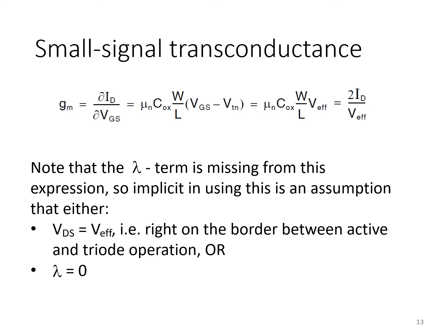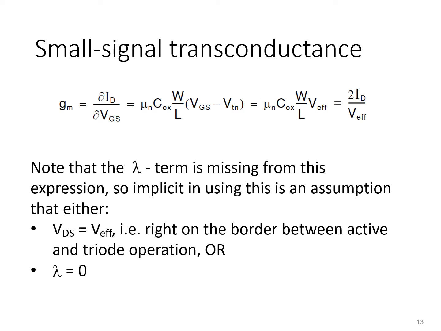So this expression here is based on the small signal model, and therefore should always be considered an approximate expression for the transconductance of a MOSFET, but it is very useful for developing intuition in analog design, and can be used to perform some rough calculations for relatively long channel length devices.